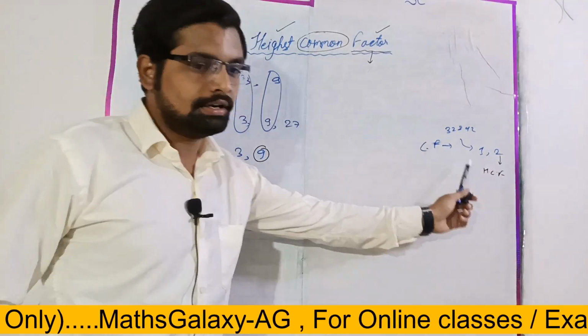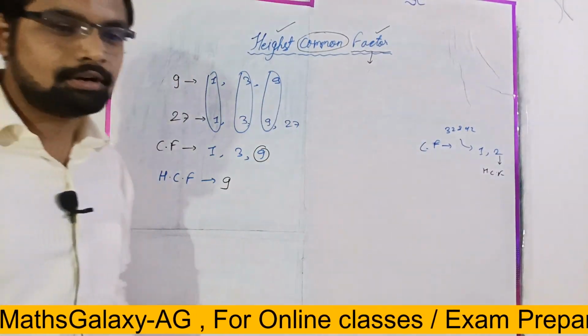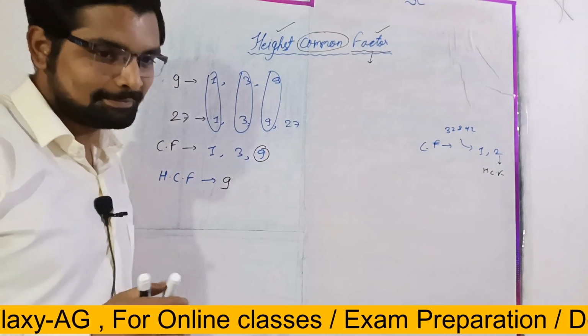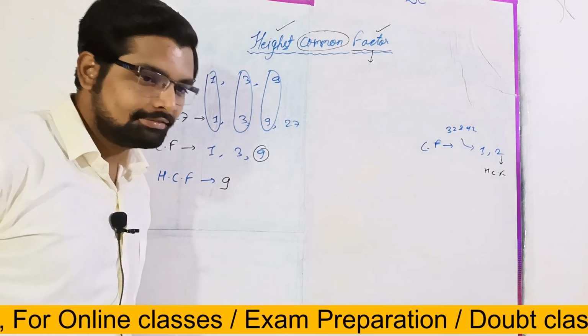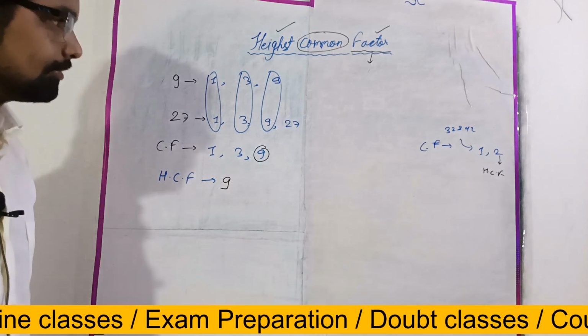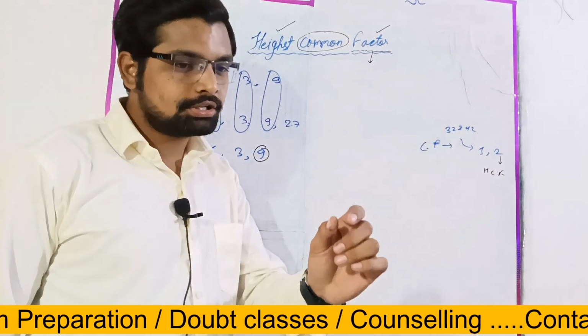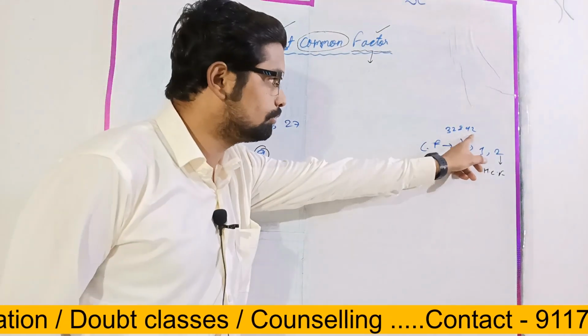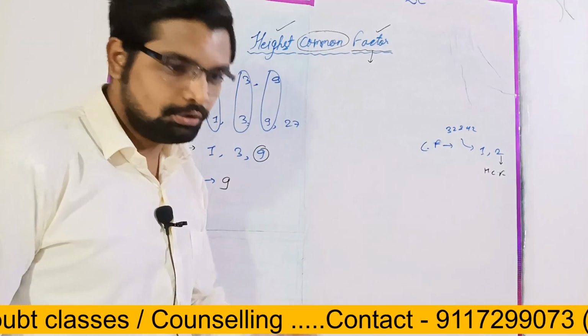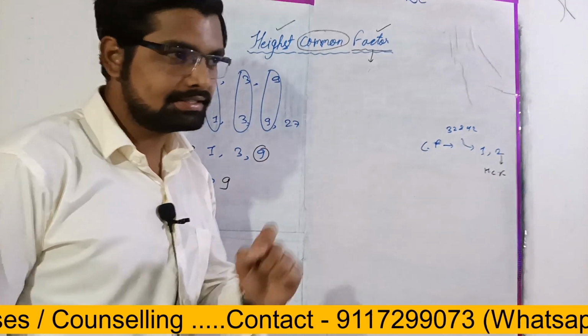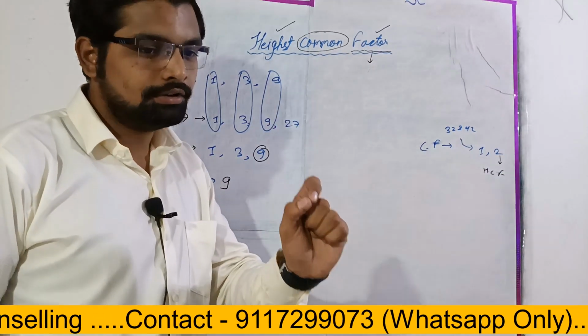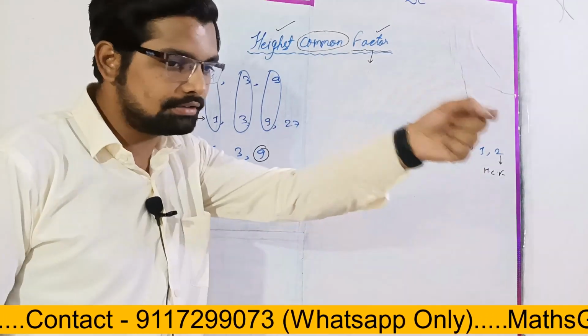Why can't it be the lowest common factor? Because if I ask you to tell me the lowest common factor for 32 and 42, lowest common factor means the smallest number which is common and also a factor.